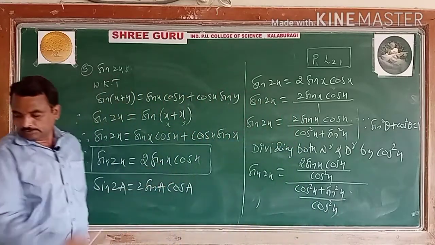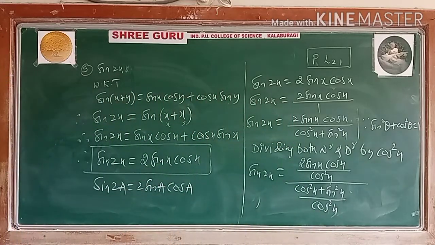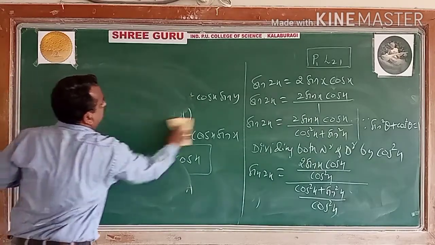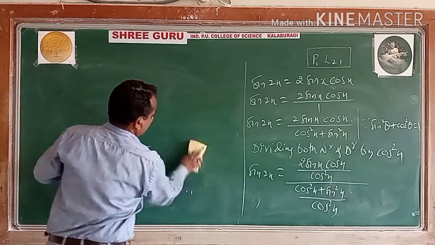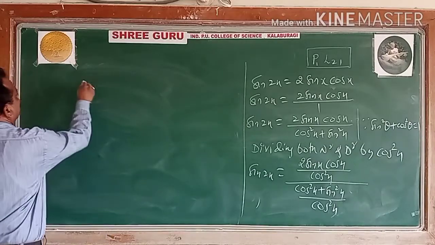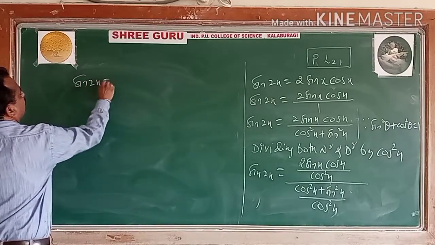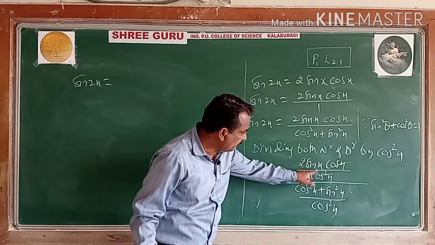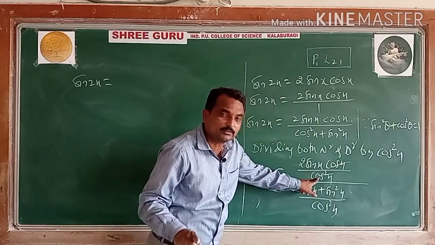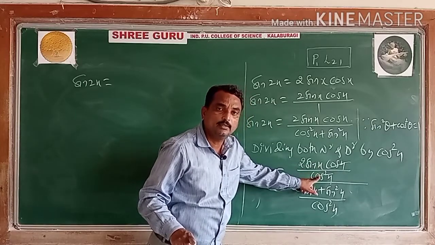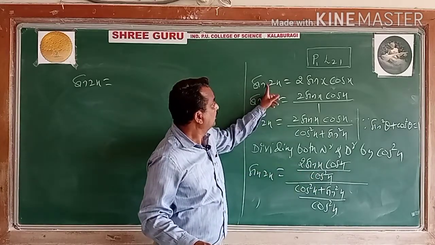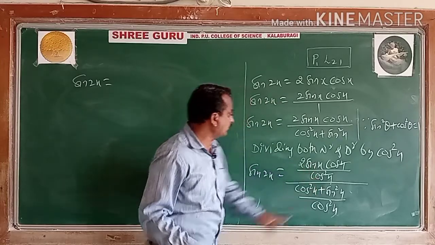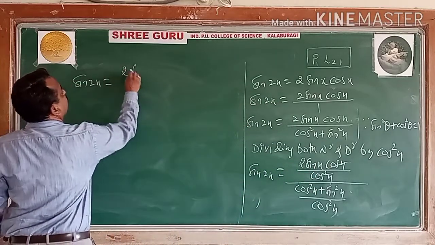Now simplify. One cos gets cancelled in the numerator, and sin x by cos x remains, which is tan x. Here we have to prove sin 2x in terms of tan, so it becomes 2 tan x.